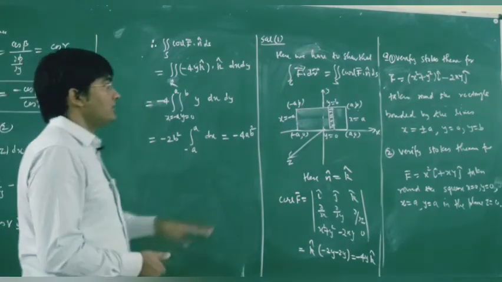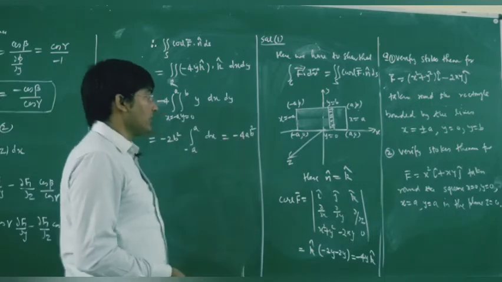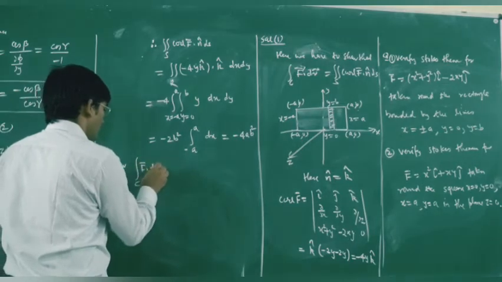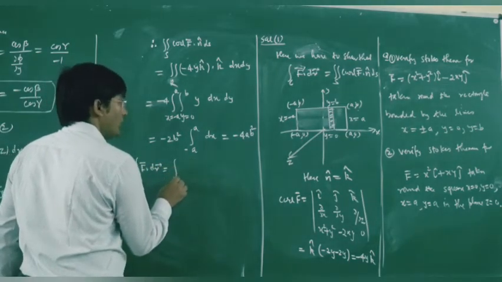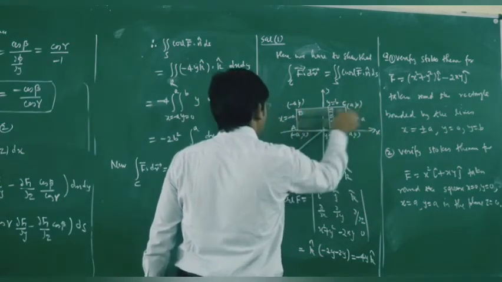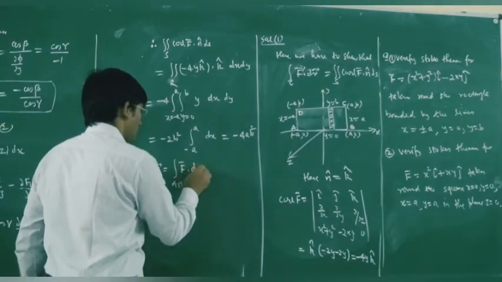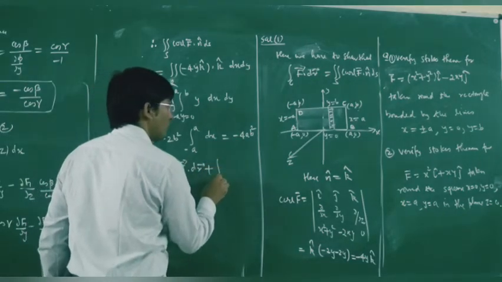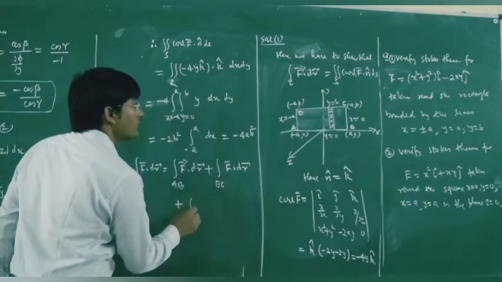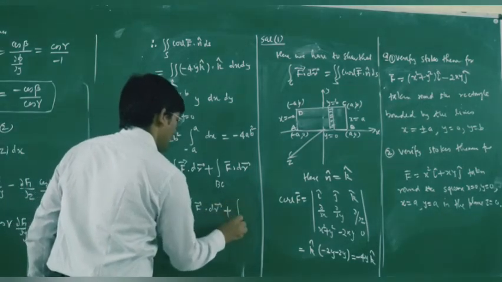Now we will show that this line integral is also equal to minus 4ab square. Now your line integral is a sum of 4 line integrals, one along, say this is your A, say this one is B, C, and this one is D. So your line integral will be the sum of 4 line integrals: AB plus BC, then we will have CD, then we will have DA.